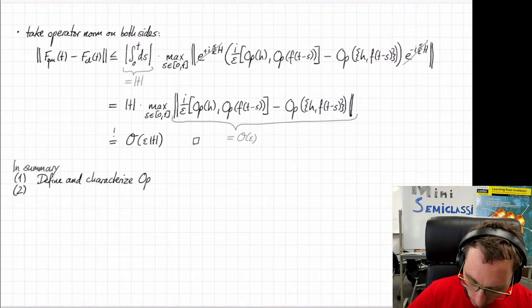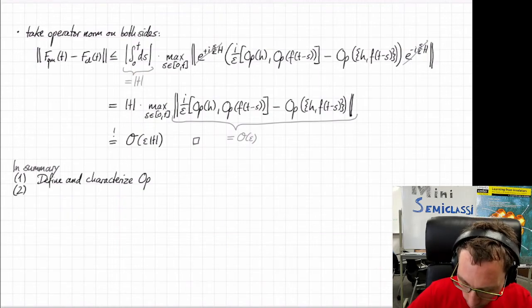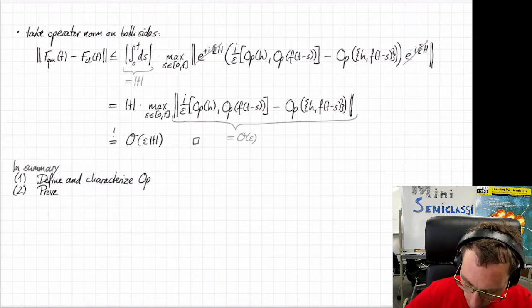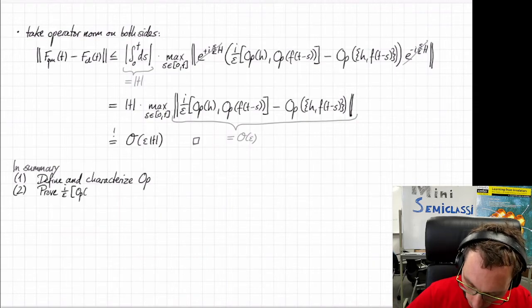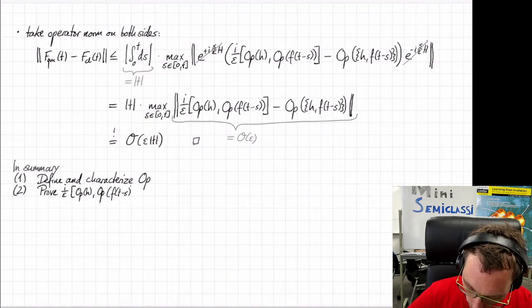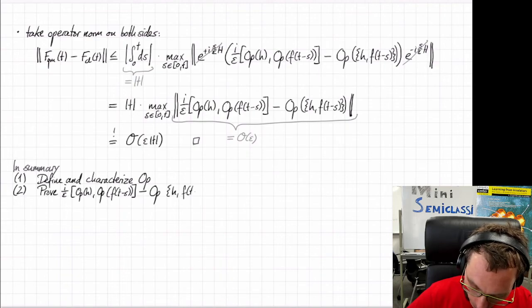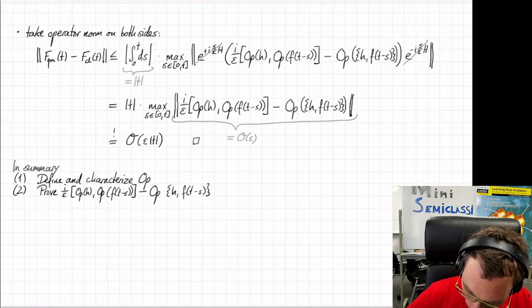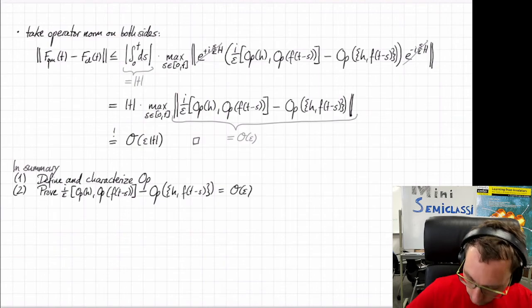And second, we have to prove that i divided by epsilon of the commutator of op h and op f of t minus s, minus the quantization of the Poisson bracket of small h with small f evaluated at t minus s, is order epsilon small.